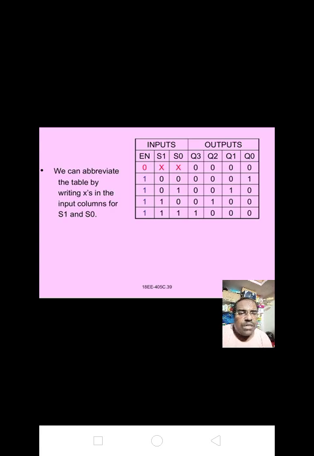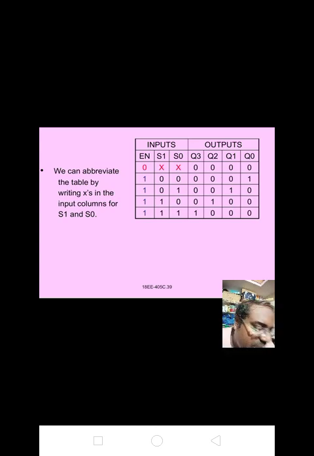Next, if the enable is 1 and input is 1 0, we get the output 0 1 0 0, that is Q2 equal to 1, that is equation is S1 S0 bar. If the enable is 1 and input is 1 1, output is 1 0 0 0, that is equation is S1 S0. Q3 equal to S1 S0.